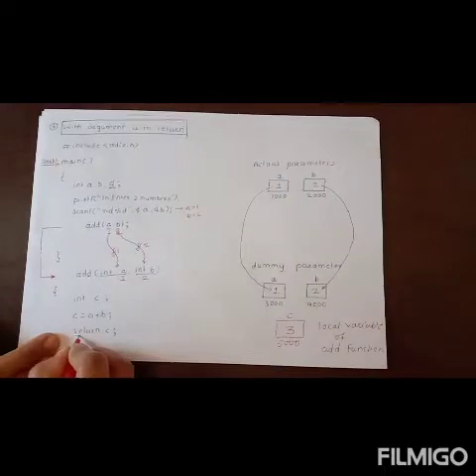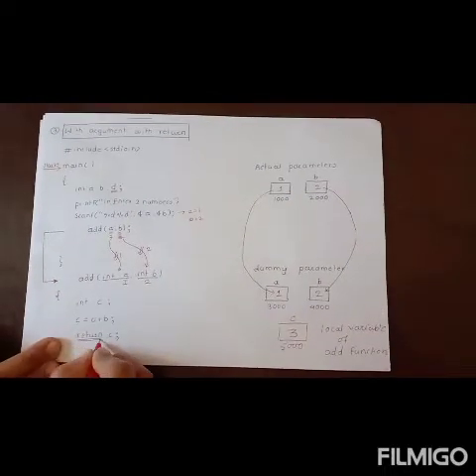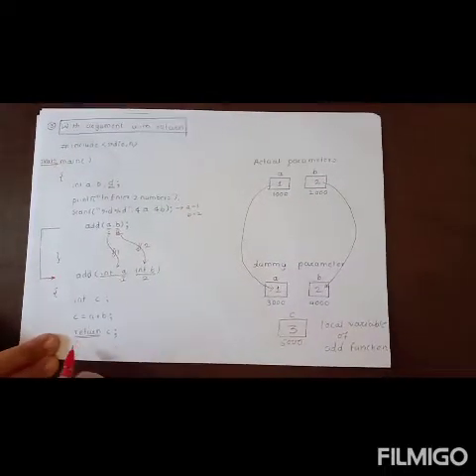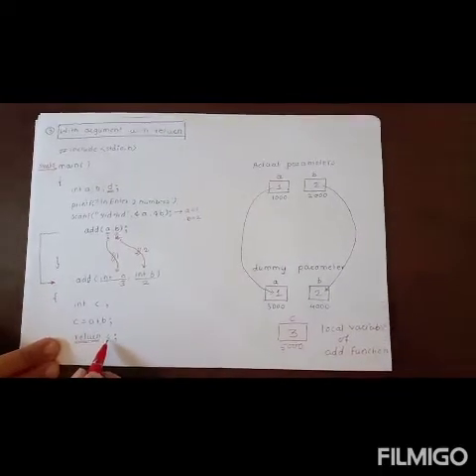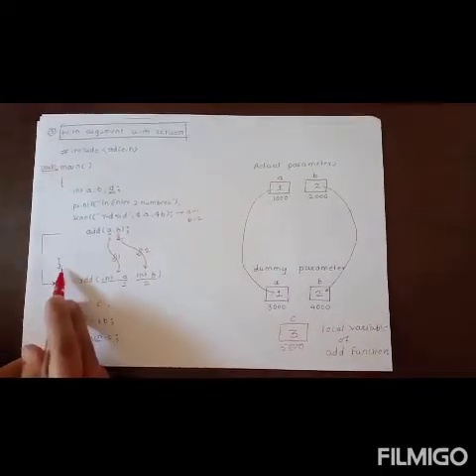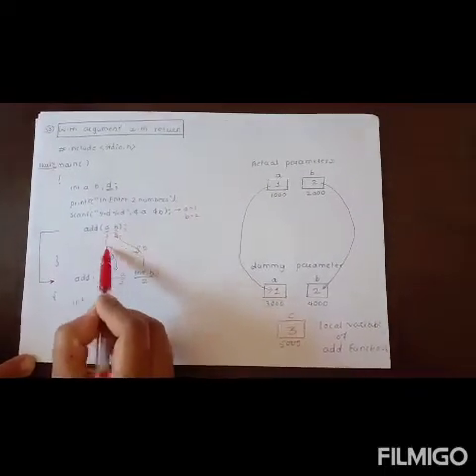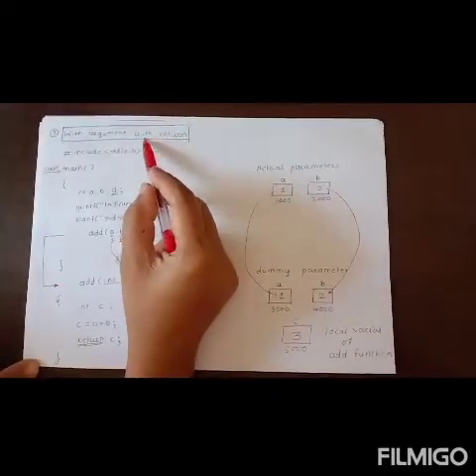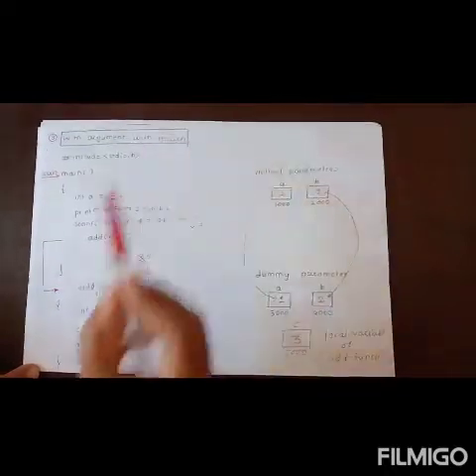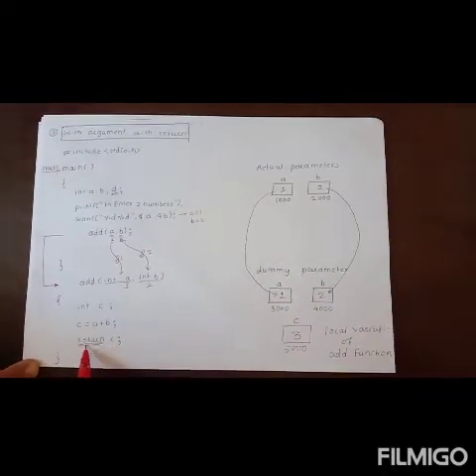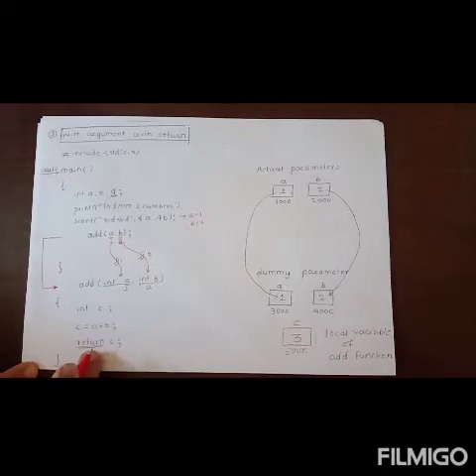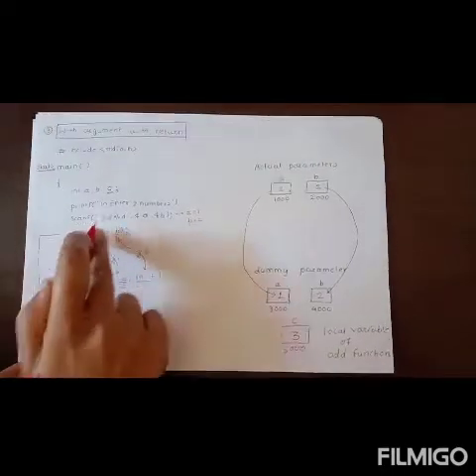And now this is very important. Now we'll write the keyword return, that means return the value c to your calling function. So it's with argument. These are the arguments we are sending, and now with return, using the keyword return, we are sending a value to the calling function.